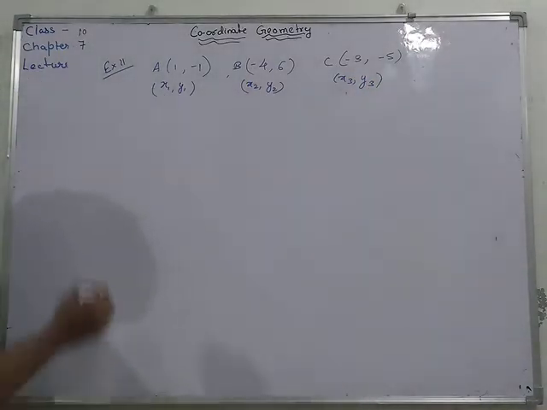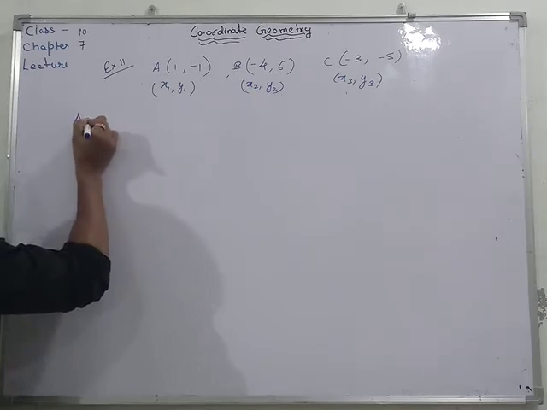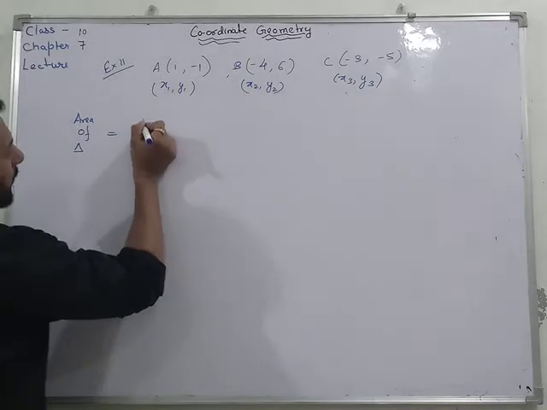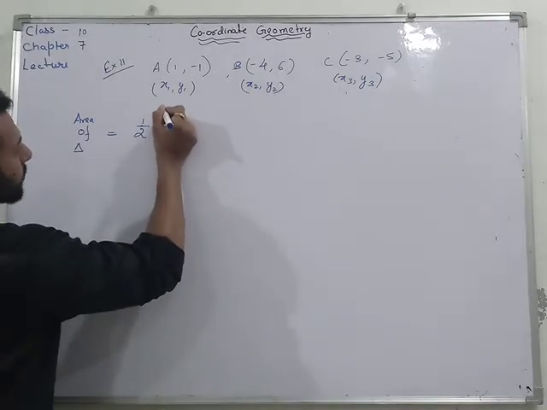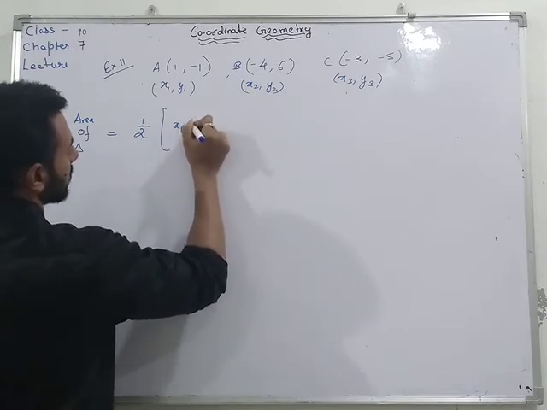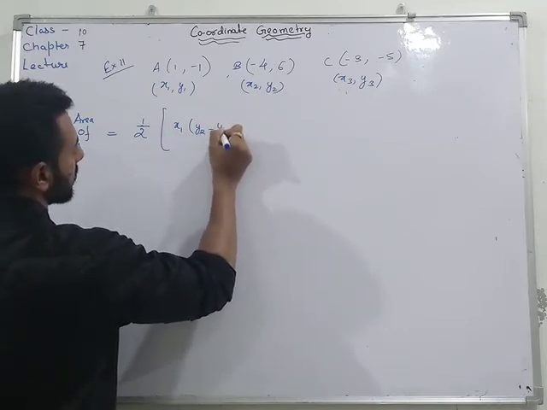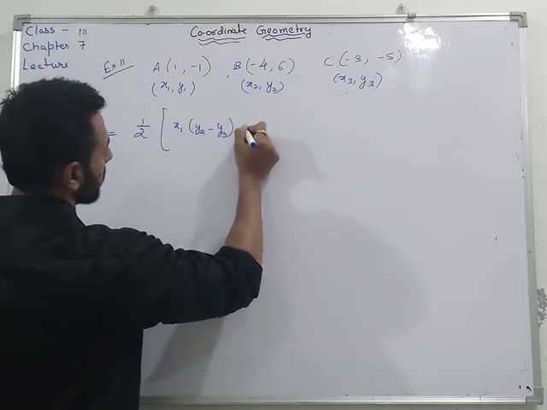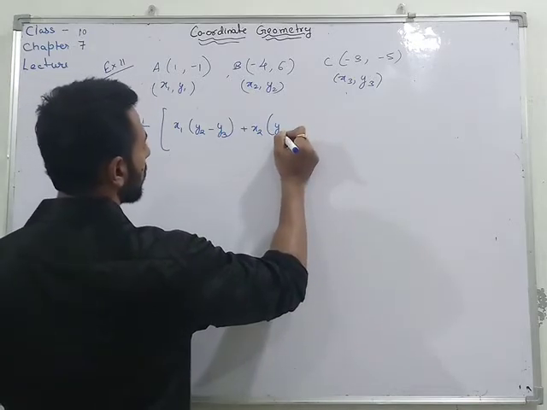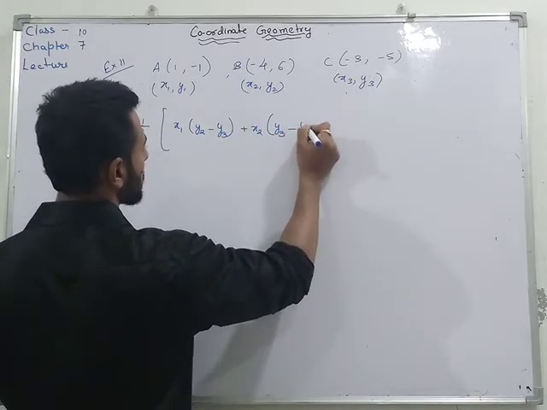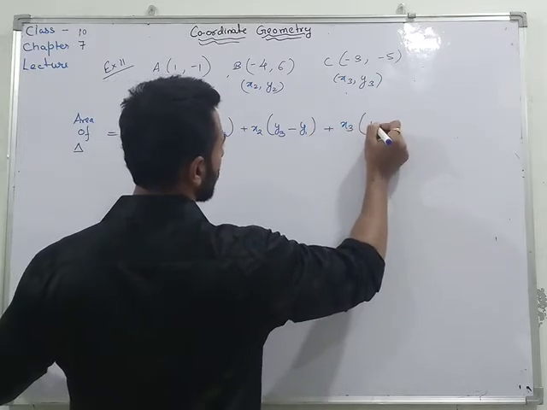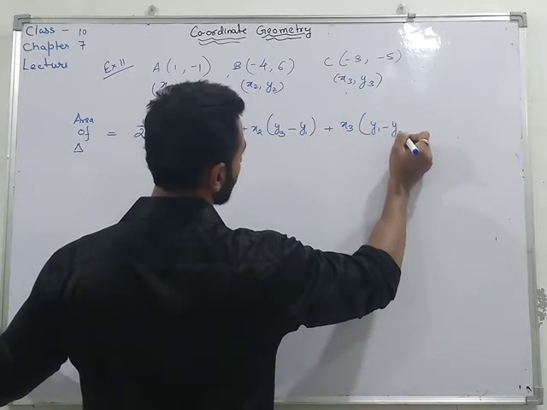Now writing the formula, the area of the triangle is given by 1 by 2, x1 into y2 minus y3 plus x2 into y3 minus y1 plus x3 into y1 minus y2.